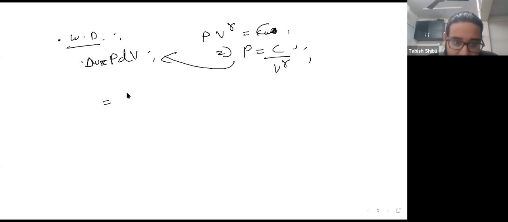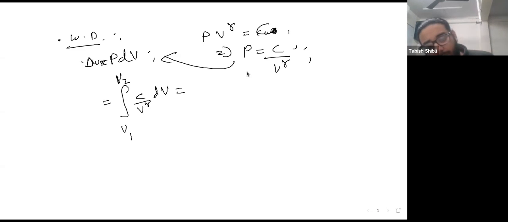Substitute back inside. So your integral, if you are going from V1 to V2, is C divided by V to the power gamma dV. What is the integral of 1 by V to the power gamma? How do you integrate this?